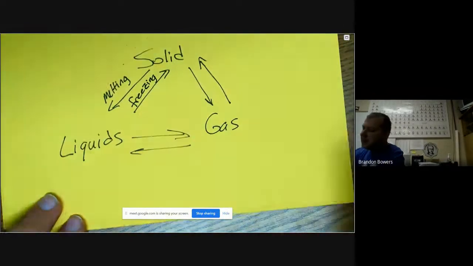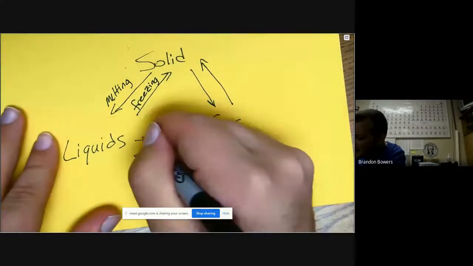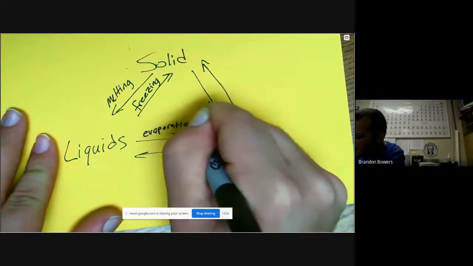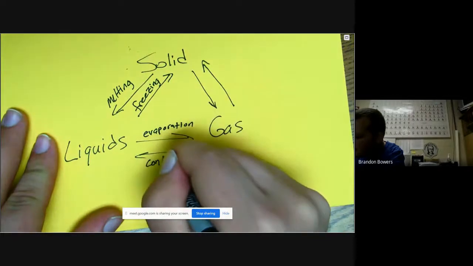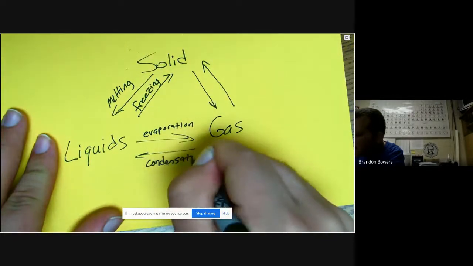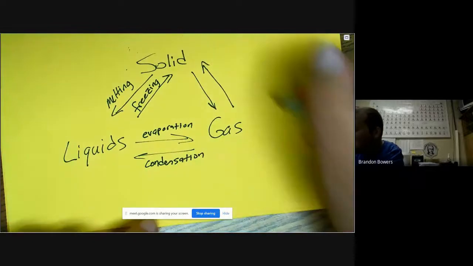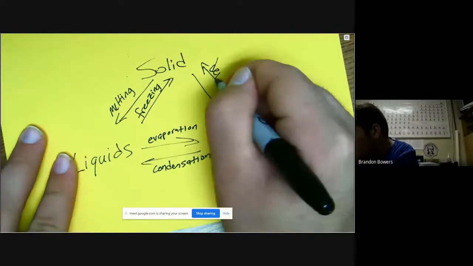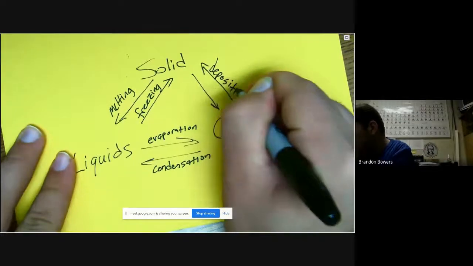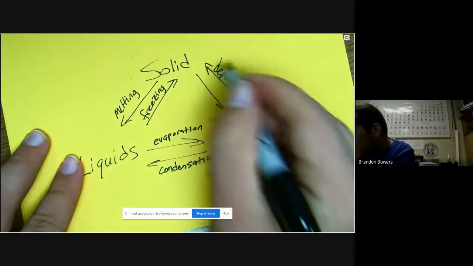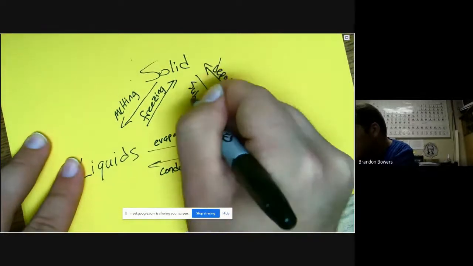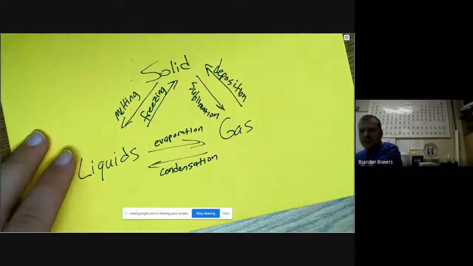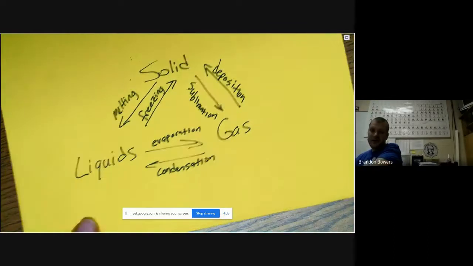Liquid to a gas is evaporation. Gas to a liquid is condensation. Gas to a solid is deposition. And solid to a gas is sublimation. Those are the 6 phase changes.